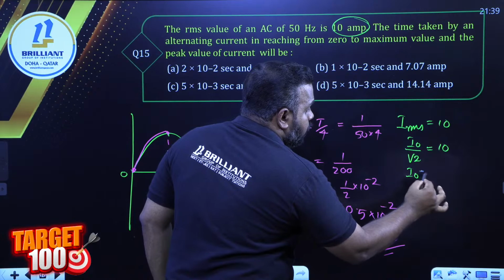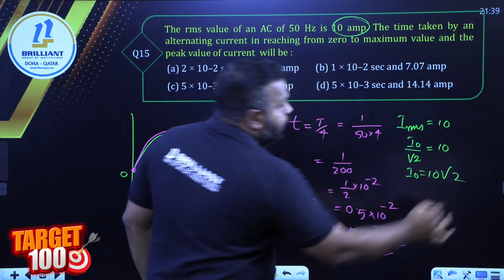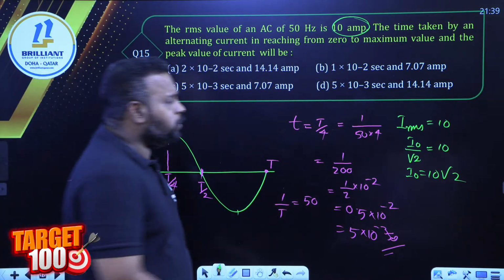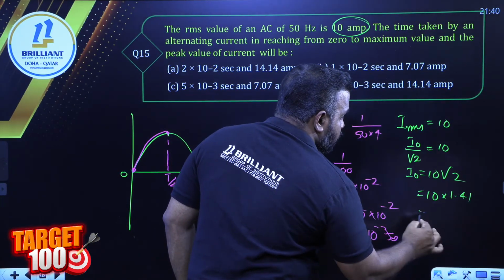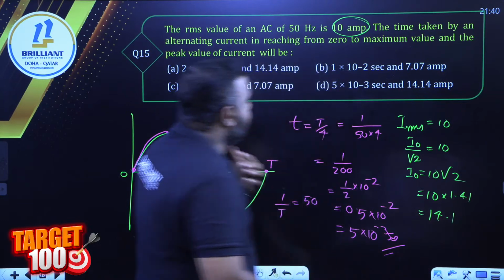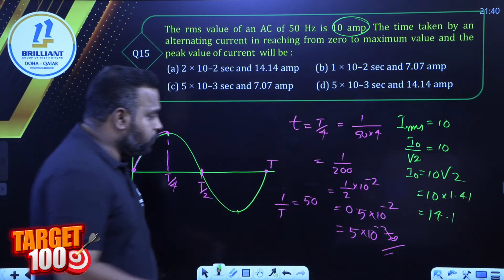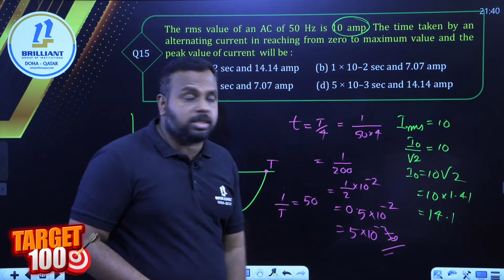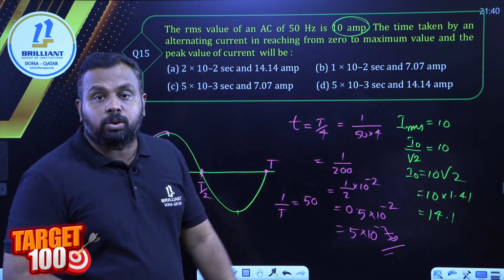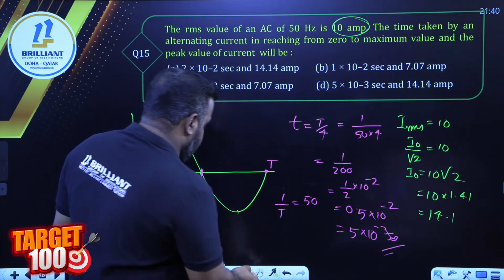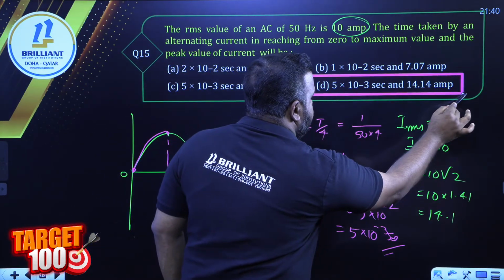So I naught is equal to 10 into root 2. Root 2 is 1.41, so 10 into 1.41 gives 14.1. So the first answer is 5 into 10 to the power minus 3 seconds, and the peak value of current is 14.14 ampere. So the right answer is option D.